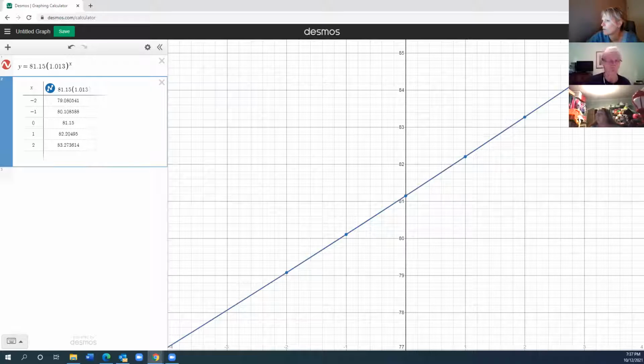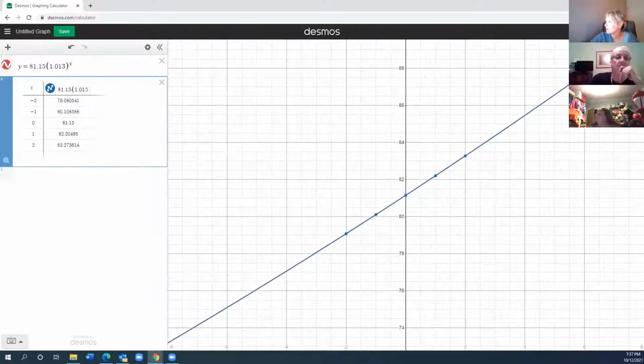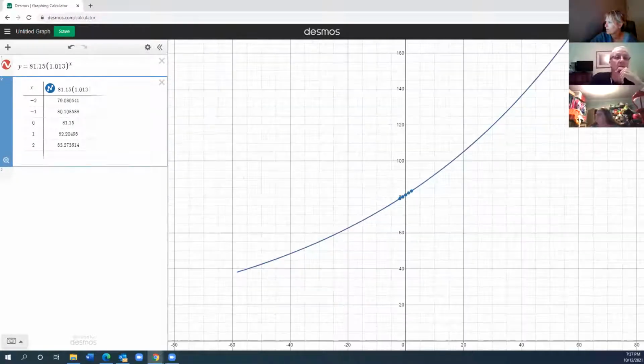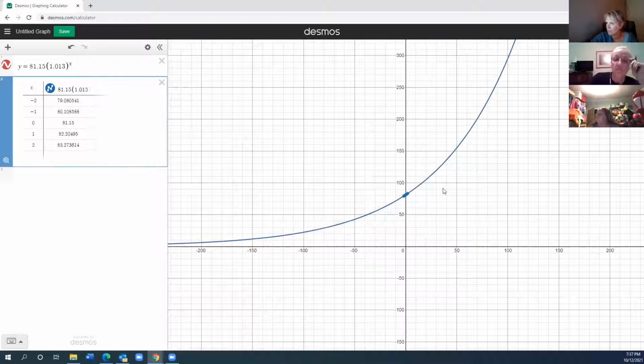Once I do my table, I can hit the magnifying glass and zoom out. Excuse me, my magnifying glass did not do a good job because it really doesn't show very exponential here. You really have to zoom out to see exponential, because it's only a 1.3% increase every year, so it's pretty small.